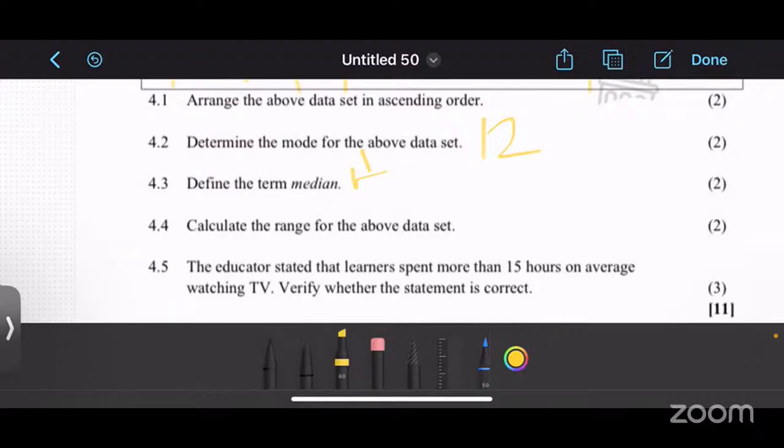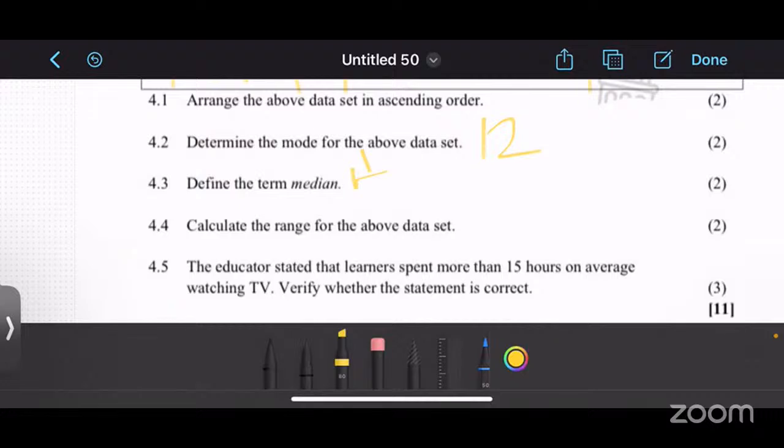The average would be the mean. So that's when you add all the numbers together and then, not minus, you divide it by the amount of numbers that are there. So the average would be the sum of the data divided by the number of terms in the data set, right?